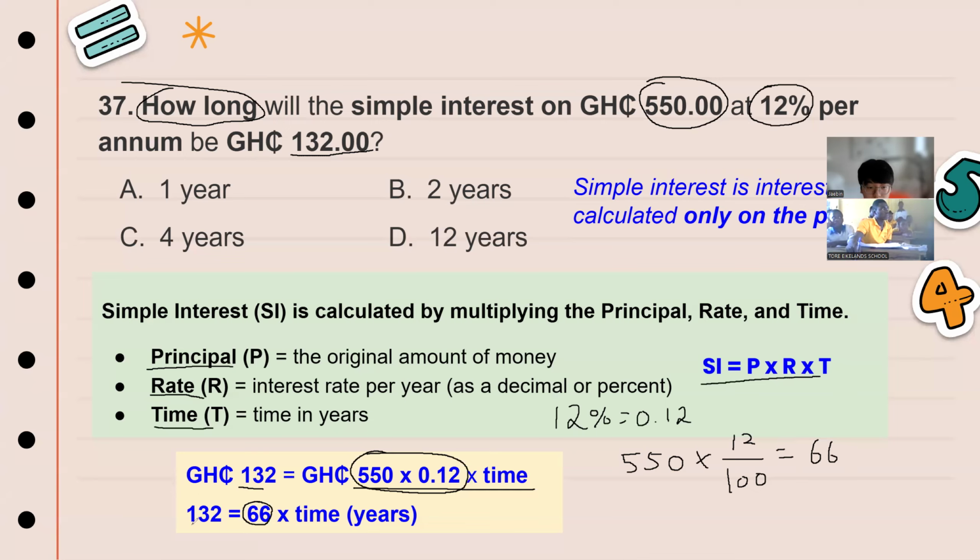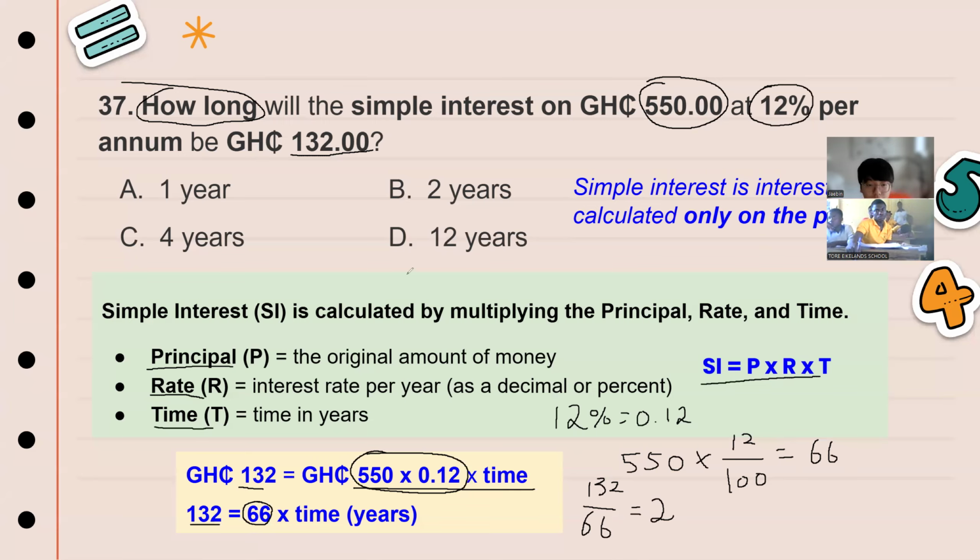So 132 equals 66 times time. And to find time, you divide 132 by 66, which equals 2, right?